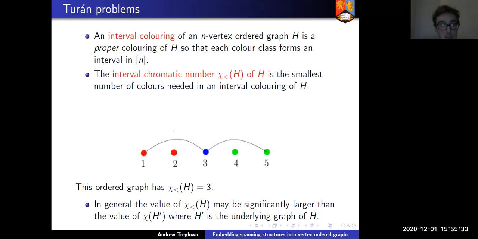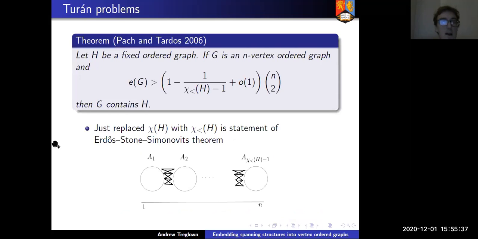Okay. So where does this interval chromatic number come up? Well, it comes up quite naturally in the analog of Erdős–Stone–Simonovits for ordered graphs. So Pach and Tardos showed the following. This statement's exactly the same as Erdős–Stone–Simonovits. We're just replacing graph with ordered graph and replacing the chromatic number with the interval chromatic number.